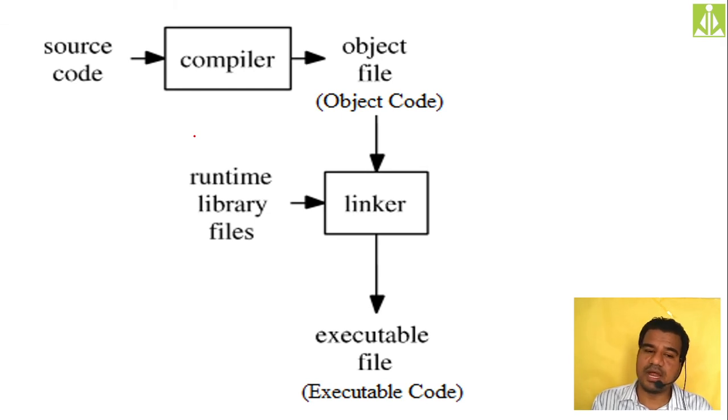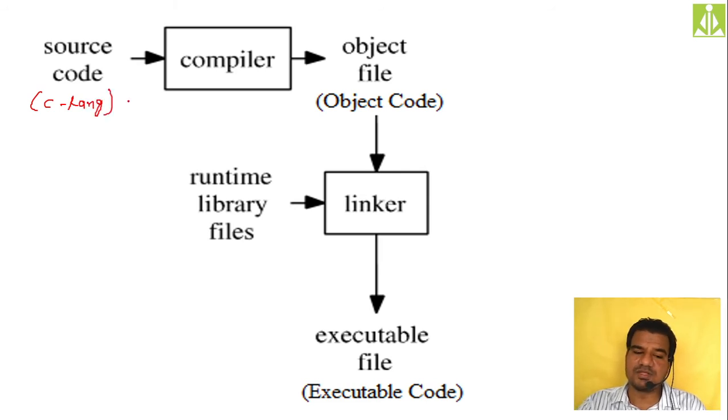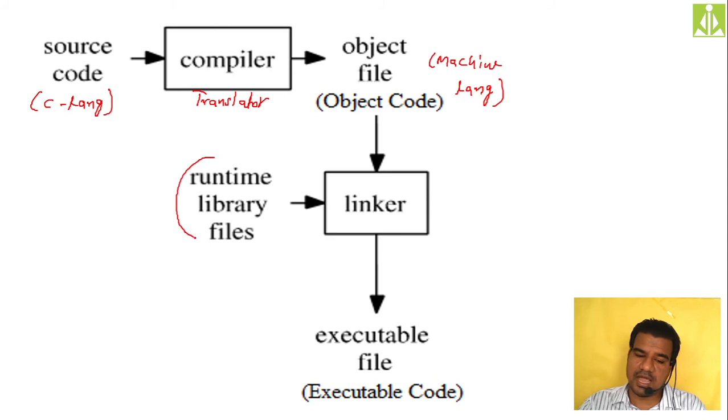So over here you can understand the complete process. See, source code, which is always in C language, we are giving it to the compiler. It is a translator program, and we are getting the object code. Object file, that is nothing but object code. It will be in machine language. Even though it is in machine language, it is not ready for execution. Why it is not ready for execution means still the runtime library files are missing in this object code.